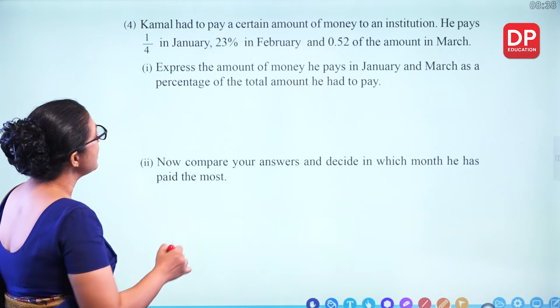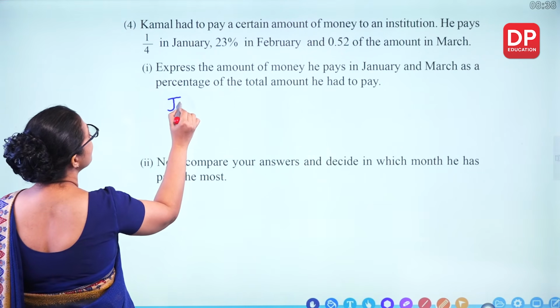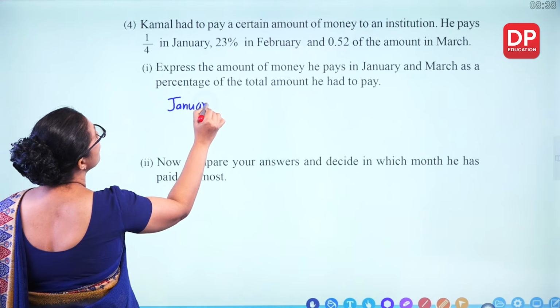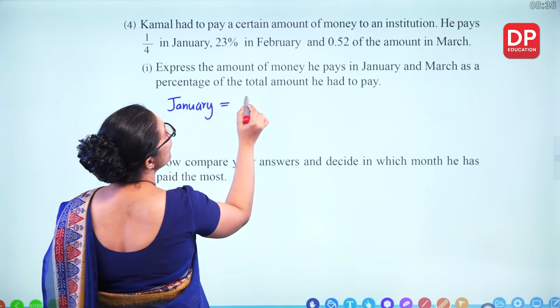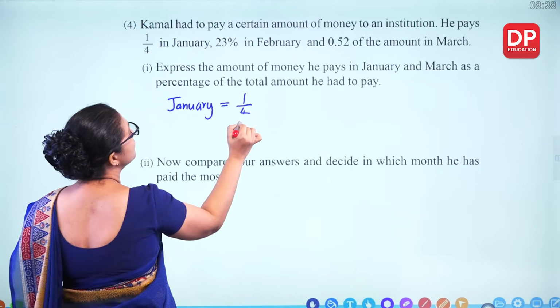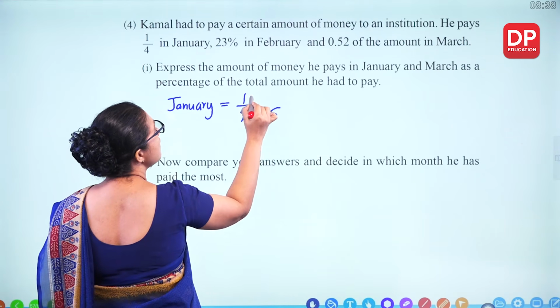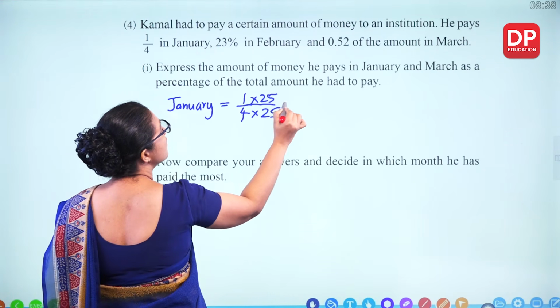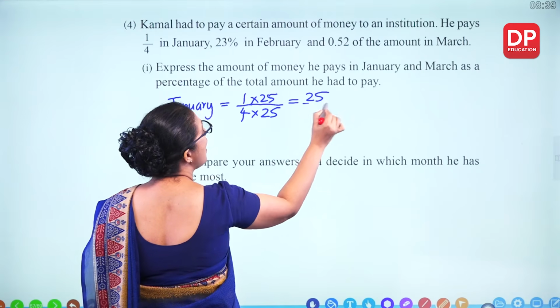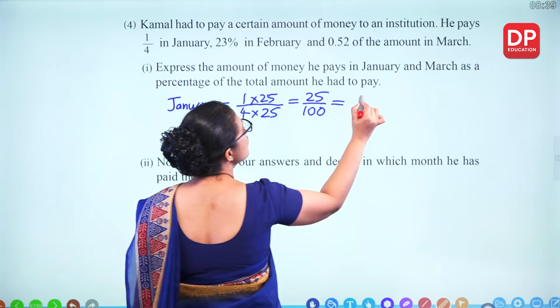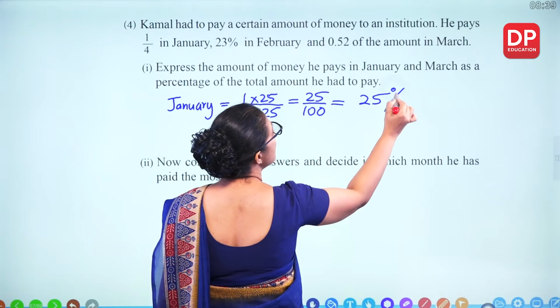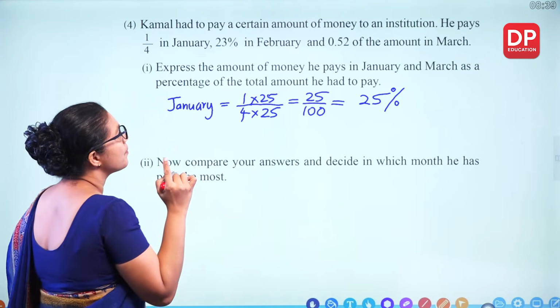So January, 1/4. So convert to a percentage, multiply by 25. You get 25 over 100. That means 25% he paid in January.